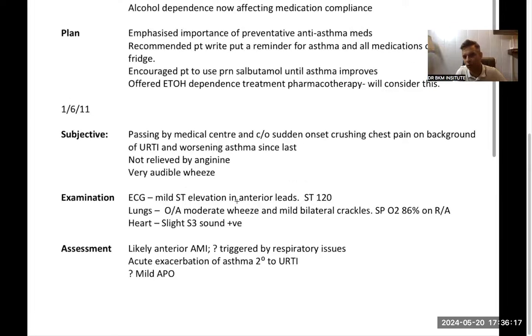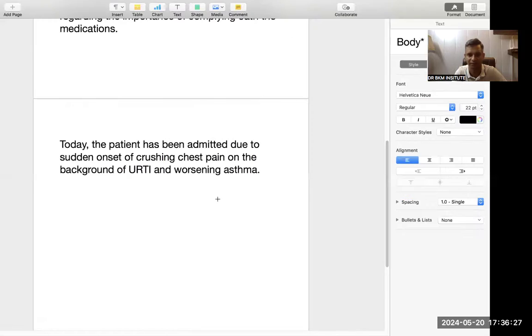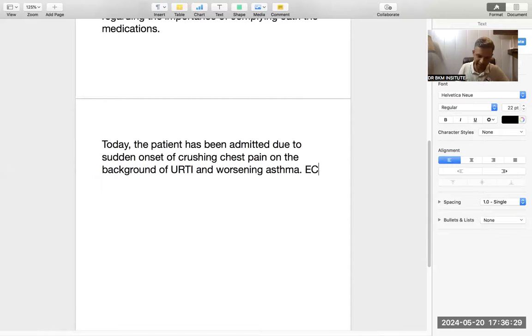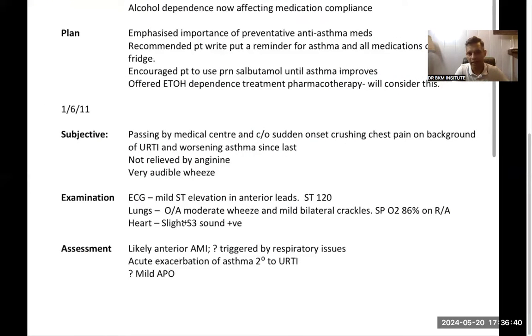So ECG shows, now you can write in the present. ECG has shown, again, stick to present perfect. ECG has shown mild ST elevation. Don't write everything. ECG has shown or revealed mild ST elevation. And lungs, moderate wheeze, bilateral crackles.